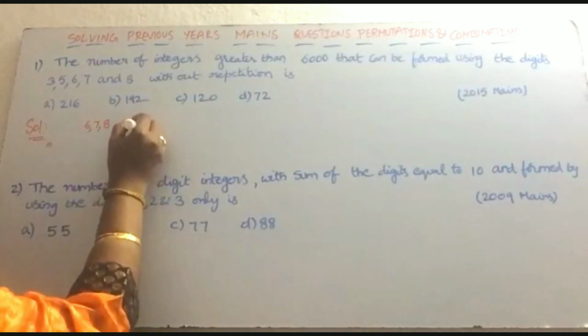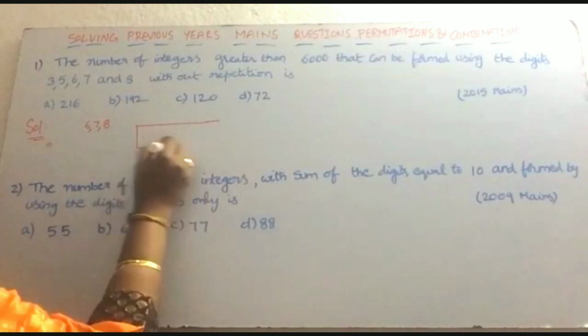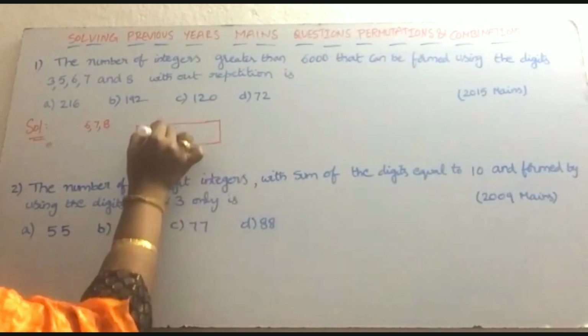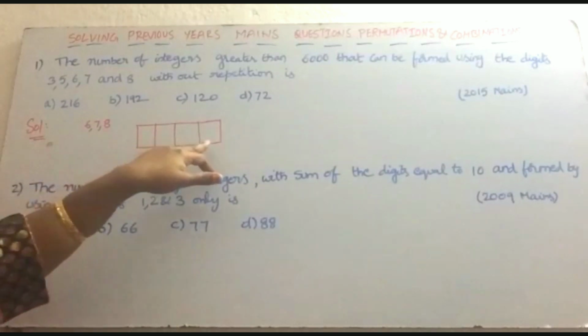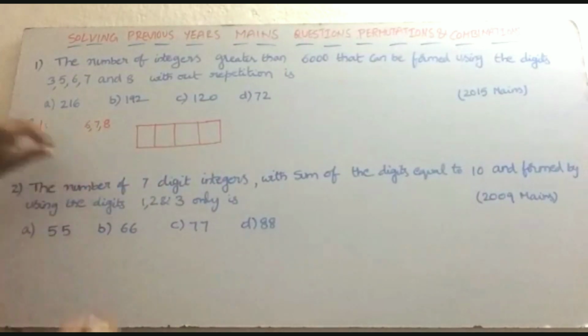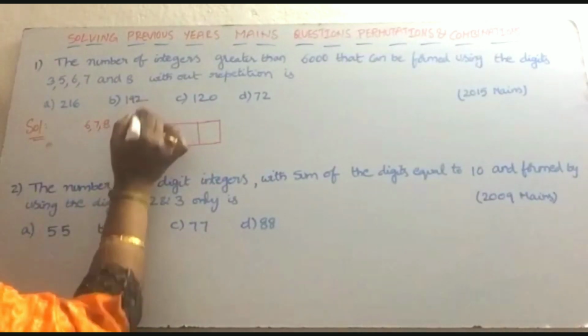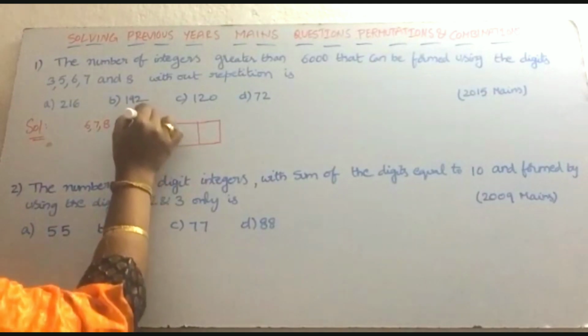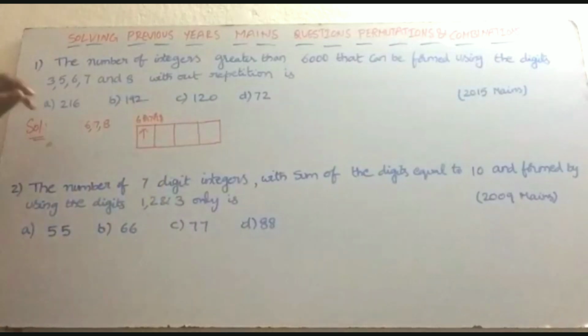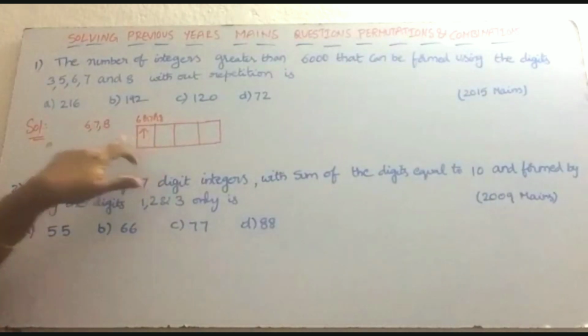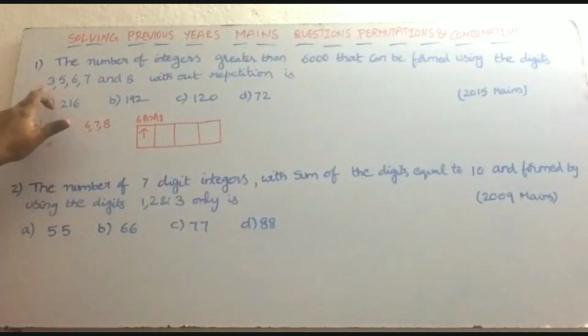So take a 4-digit number with places 1, 2, 3, 4. The first digit is 6 or 7 or 8. The remaining digits are 3 and 5 and the other two.